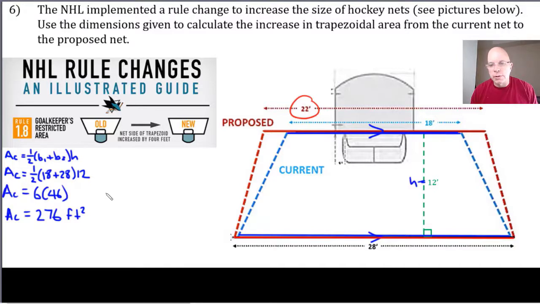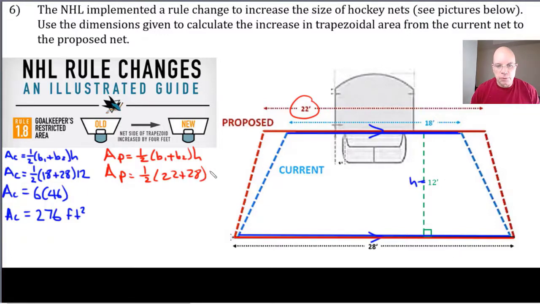Imagine to increase scoring and make the games more exciting would be my guess. So the area of the proposed net, we write the formula every time. 1/2 multiplied by B1 plus B2 multiplied by the height. The area of the proposed net will be 1/2 multiplied by 22 plus 28 multiplied by 12.